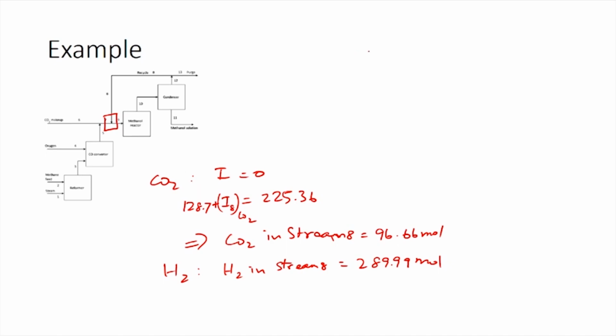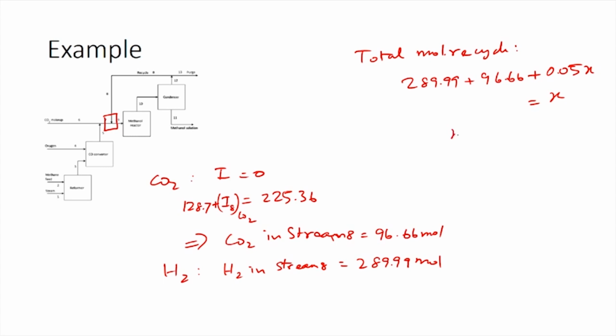So, we know that the total moles of recycle would contain hydrogen at 289.99 moles, carbon dioxide which is 96.66 moles plus whatever would be the moles of nitrogen, which is basically 5% of the total moles, so which is 0.05 times x, and x is the total number of moles.